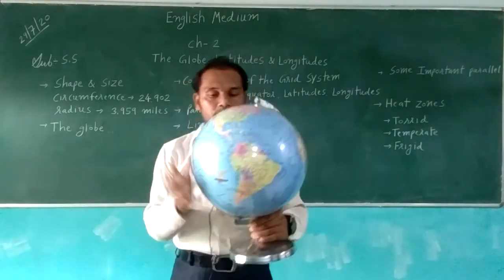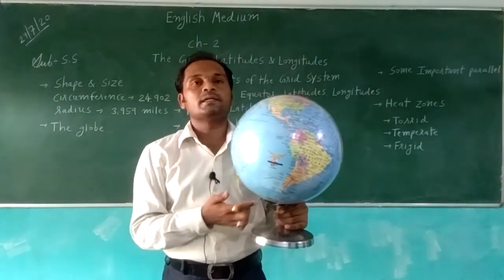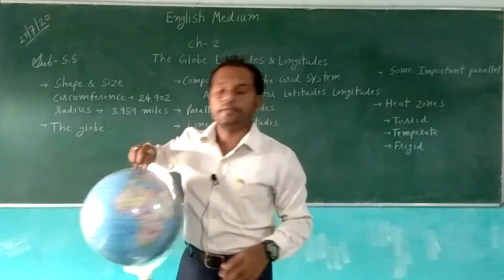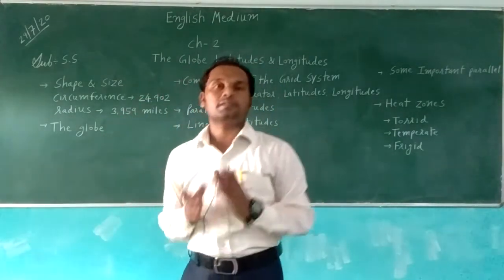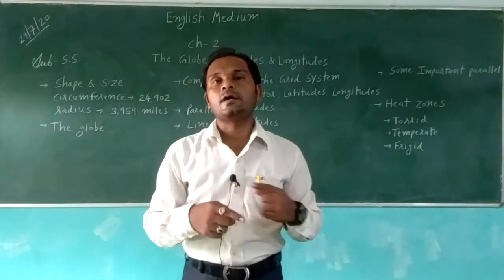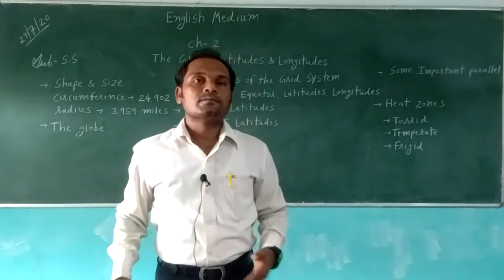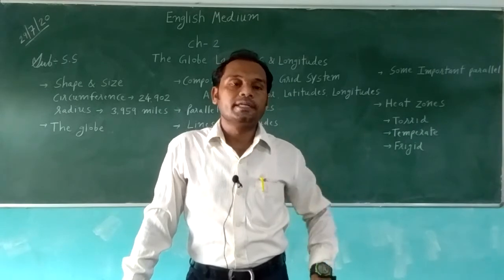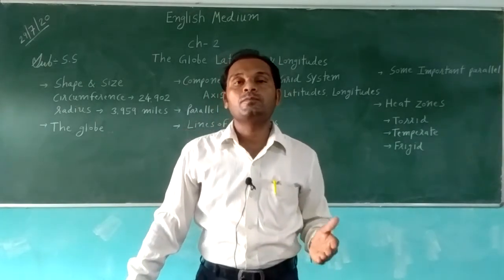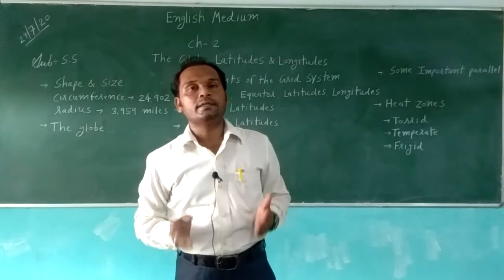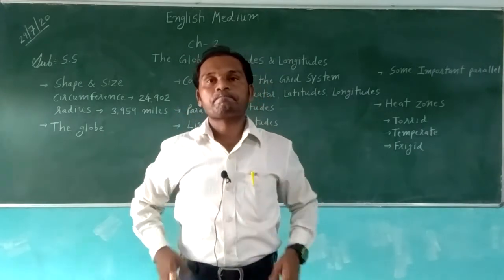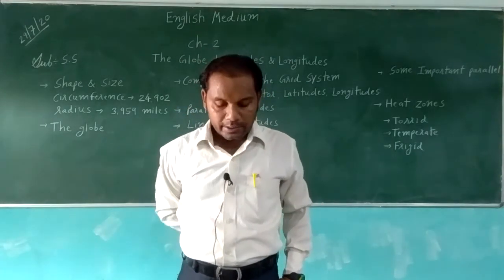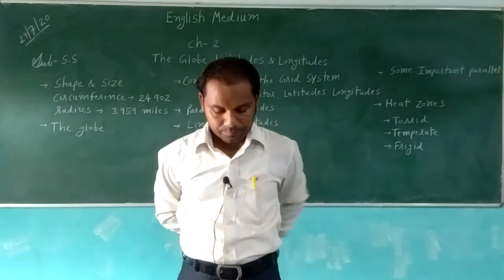If we see the North Pole and South Pole, both are extreme, and we can see the North Pole and South Pole are given here in this globe. Okay, all parts of the earth do not receive the same amount of heat at the same time. So now we'll see about the heat zones of the world.